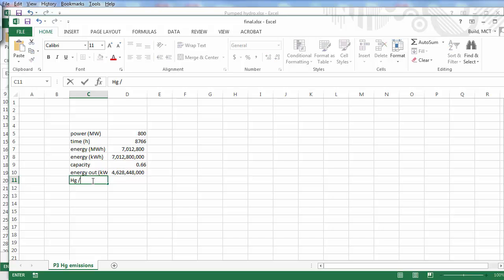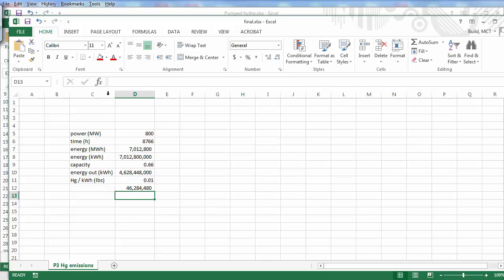Hg per kilowatt hour, lbs, 0.1. Megawatts.